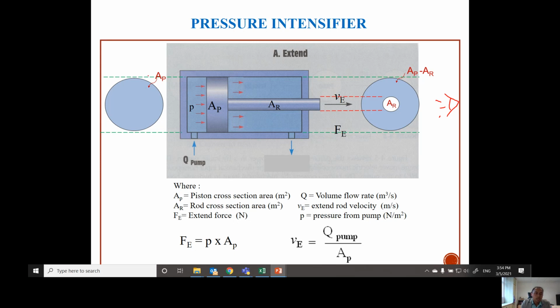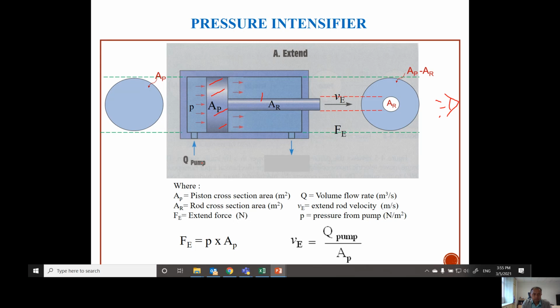So if you look from this direction, this is the overall size of the piston, AP. Okay, this is the piston and this is the rod. So this is the full size of the piston, AP. And then if you look from this direction, you have AP, and then the small white color here is referring to the area of the rod, AR.